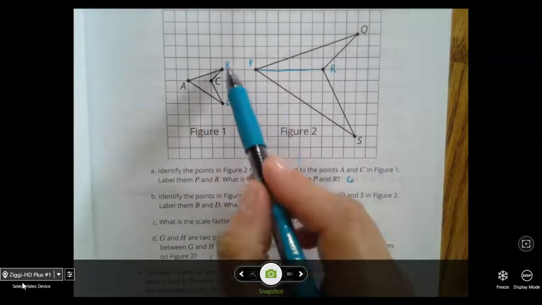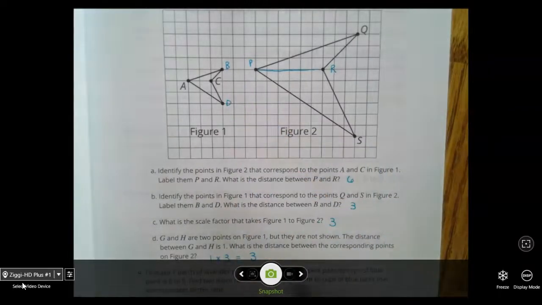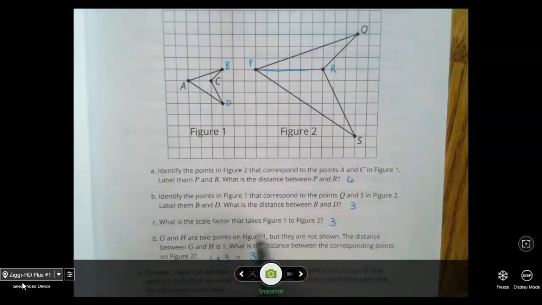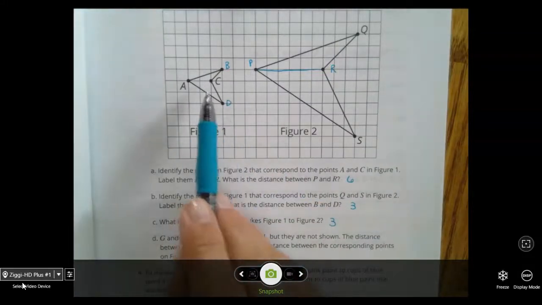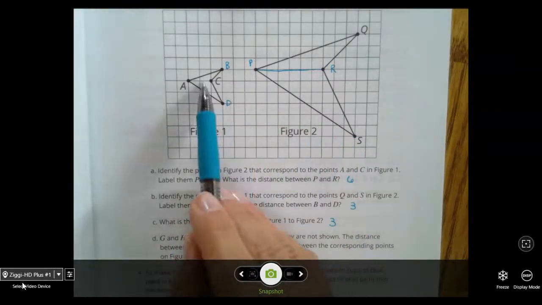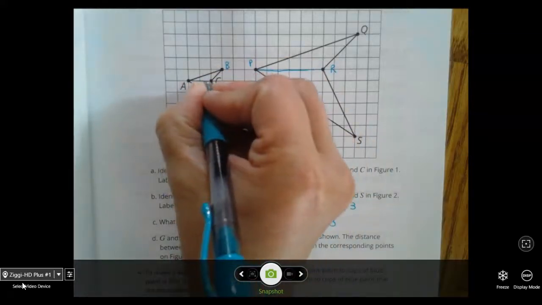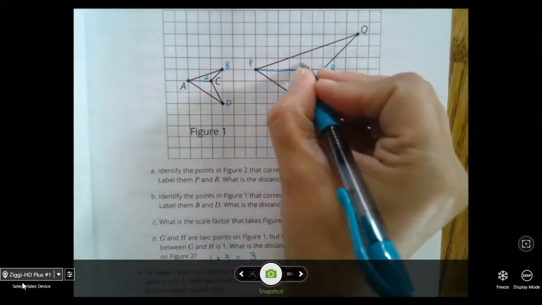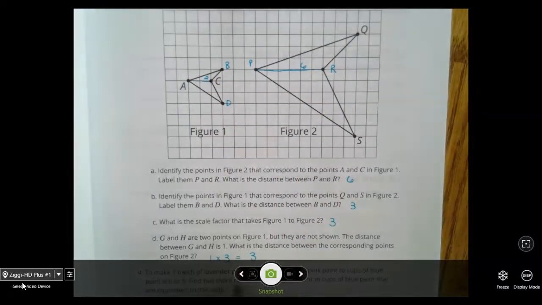So that would be B and D. What's the distance between them? Just count 1, 2, 3. So the scale factor that takes figure 1 to figure 2, we went from 2, if you look here, this is 2, and over here it's 6. So we are multiplying by 3.